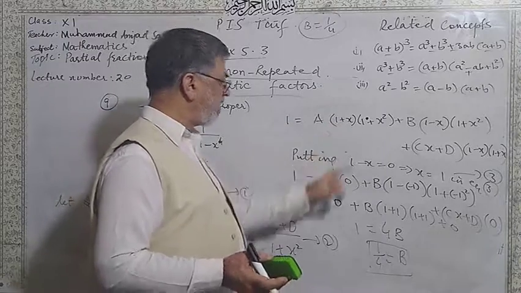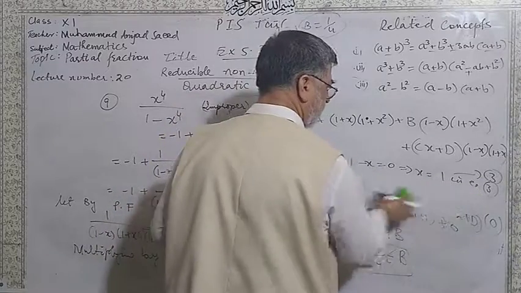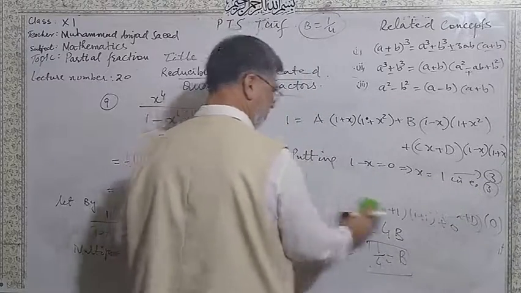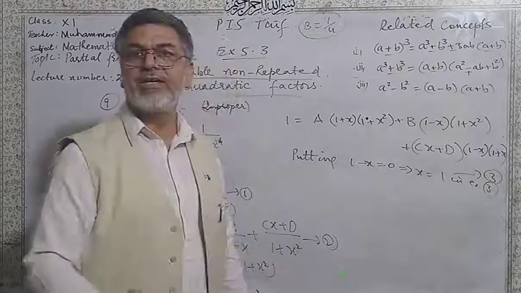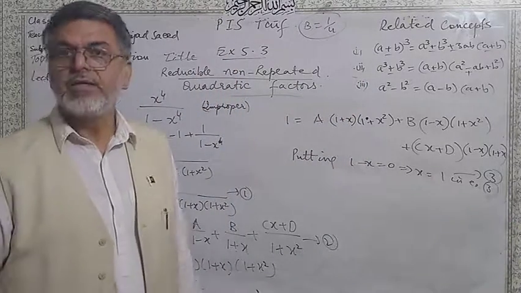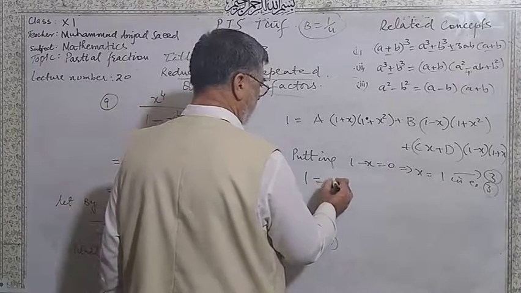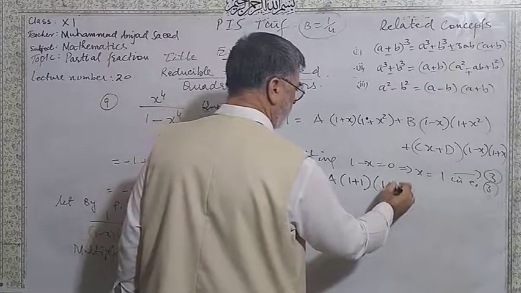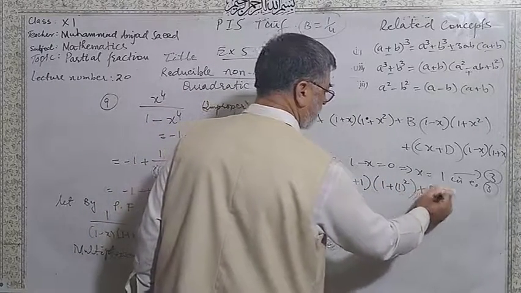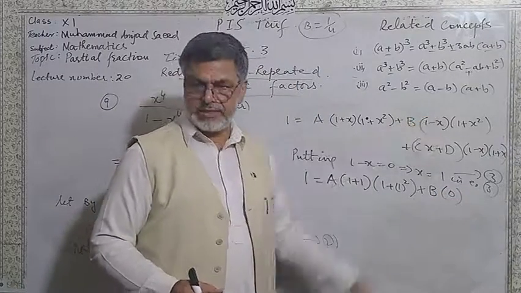1 is equal to a into... you can write down, yes. This is 1 is equal to a into 1 plus 1 into 1 plus 1 square plus b into 0, because this factor is 1 minus x there.